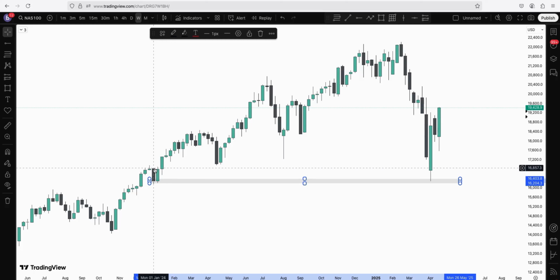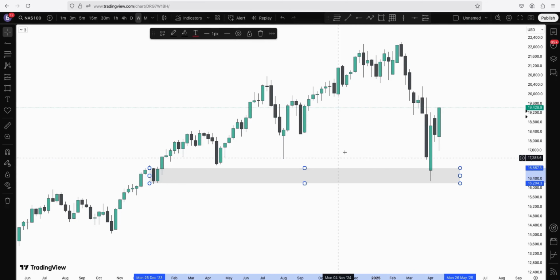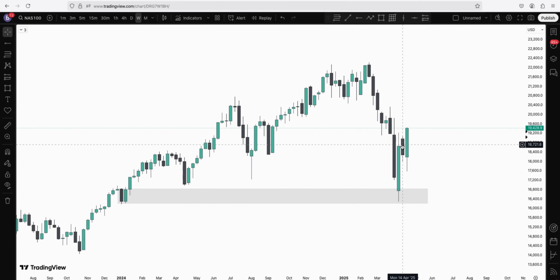This order block wasn't tested after price closed above it. When this candle came down, it didn't close above it yet, but we can use that. It didn't come to it, but now we have an untested order block on the weekly. And what happened here? Price came to it and reacted.